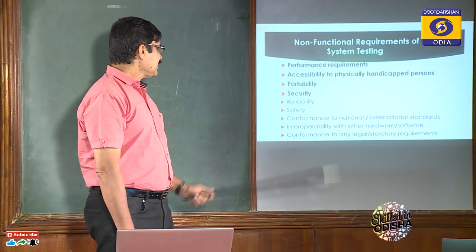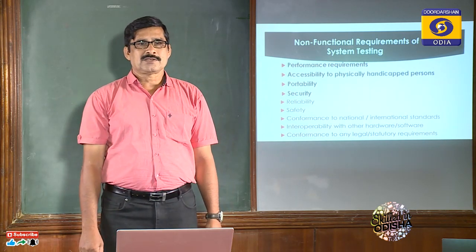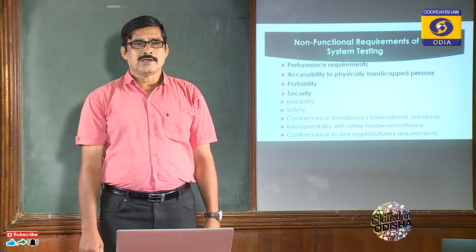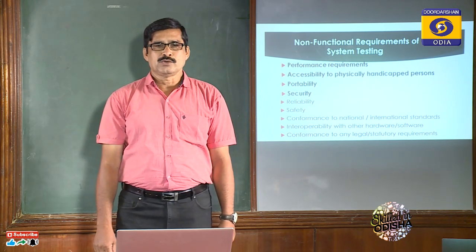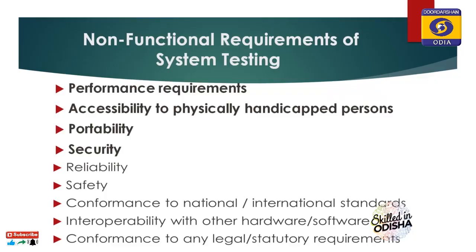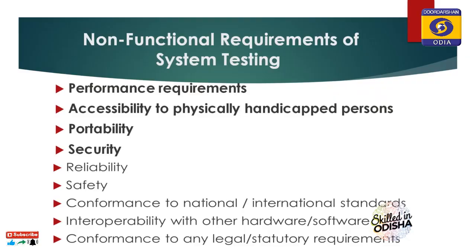So that is called security. Next is reliability. What is reliability? The system should be reliable to all the users, whoever uses the system. Next is safety, and the other one is conformance to national or international standards.